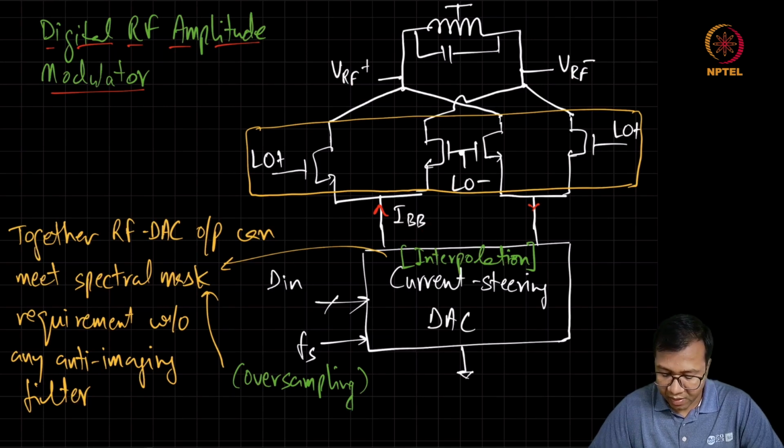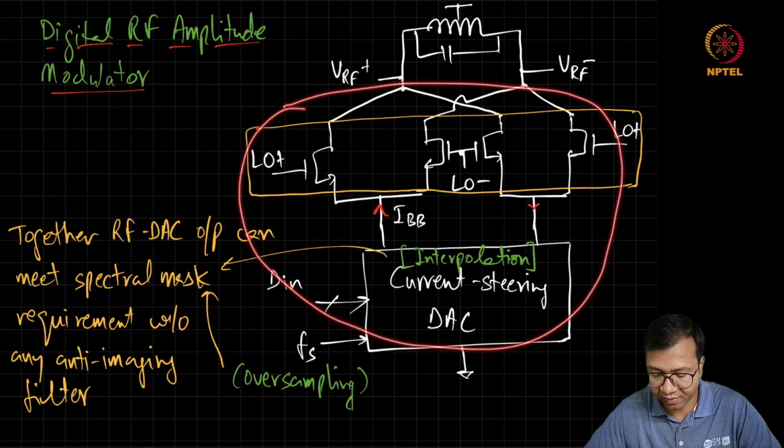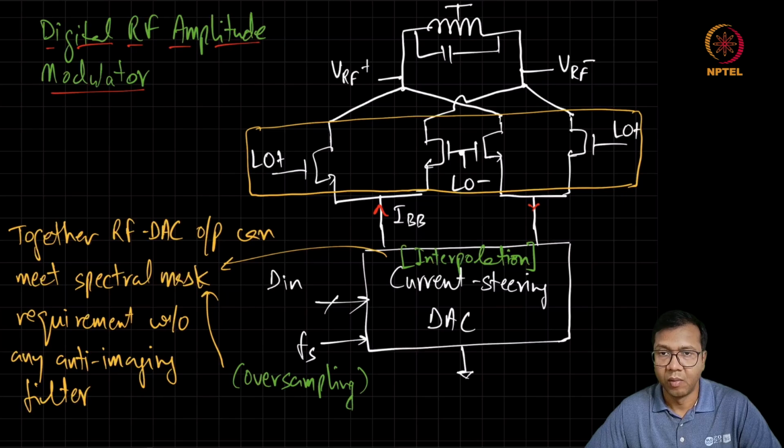So from here we can see that since this current steering DAC already contains the switches and current sources, is it possible to merge those current sources and switches along with the LO such that overall we can get a more optimized design where we don't have any such pure analog nodes present in the circuit which can undergo this kind of non-linearity.